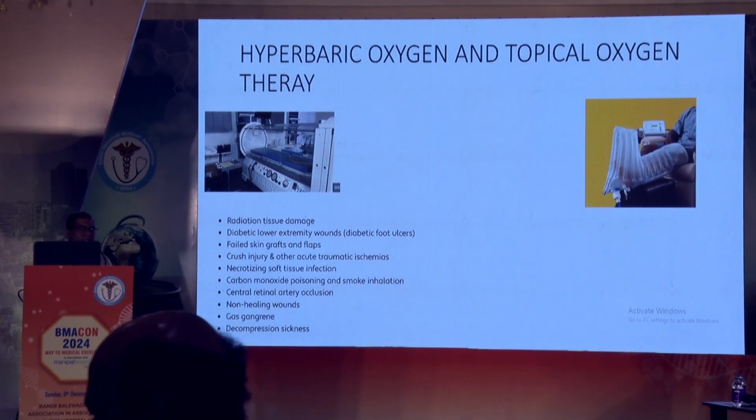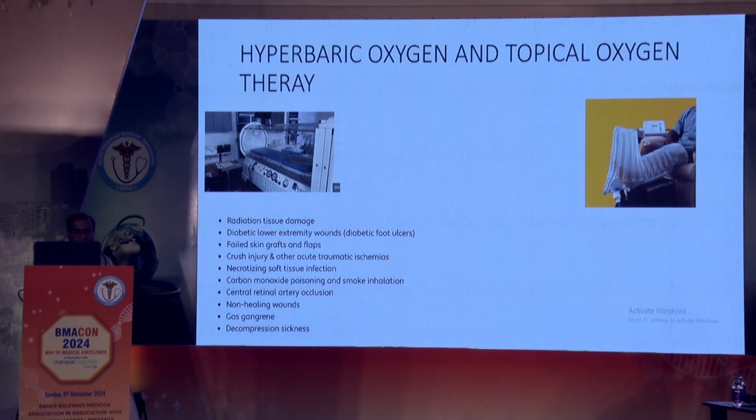There are cycles where patients are kept in this chamber for 60 minutes, 150 minutes like that, and oxygen is delivered at 1.5 to 3 times the atmospheric pressure, so that the oxygen concentration in the blood is very high, and that will be delivered to the wound and break the cascade of chronicity.